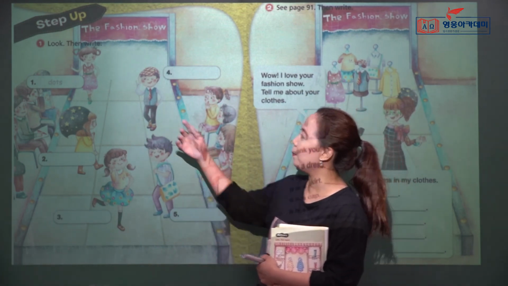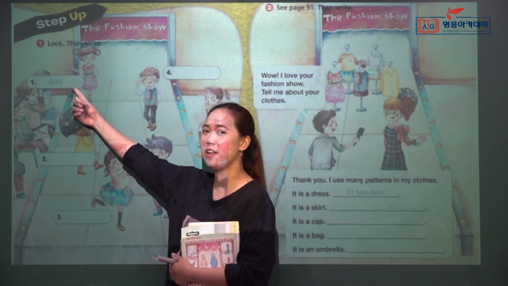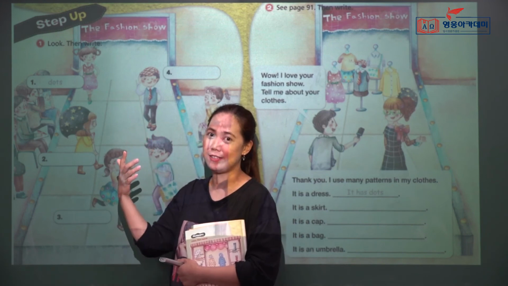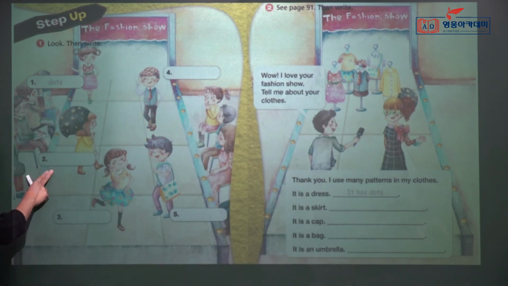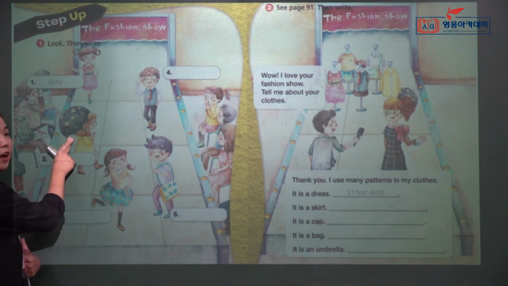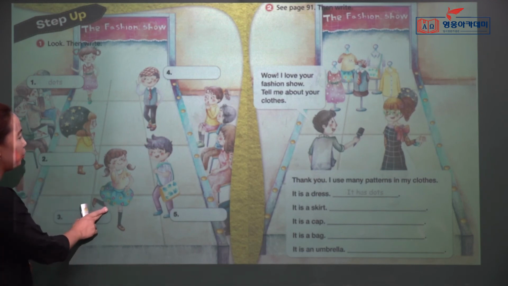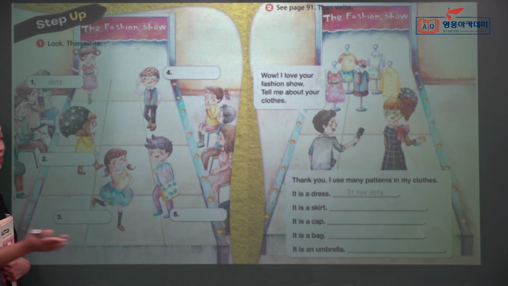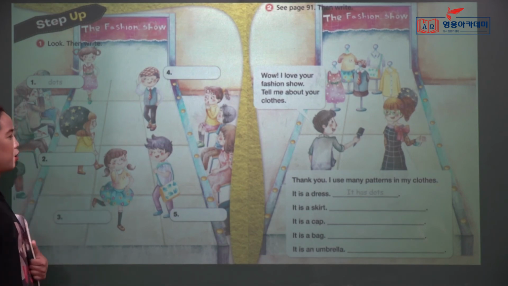Like for example, number 1, she's wearing a dress, and what is this print or what is this pattern? Dots, okay? How about here, number 2? Number 2, she's carrying an umbrella. What is this design? Stars. All right. How about number 3? She's wearing a skirt, and this pattern is flowers.